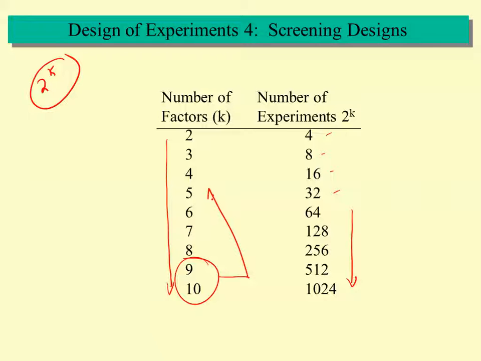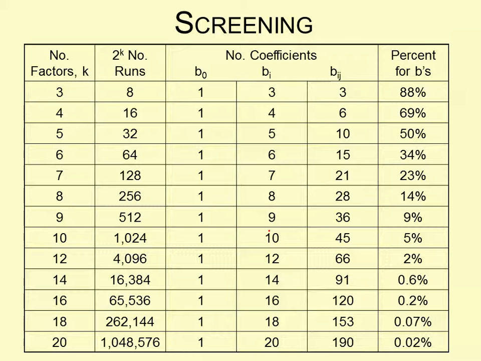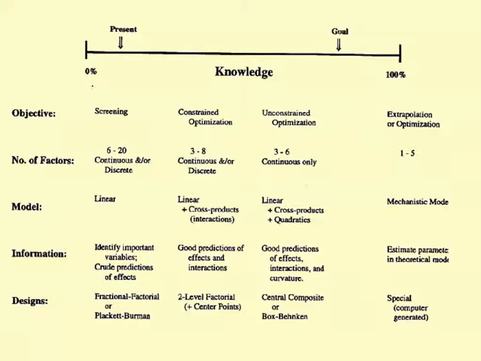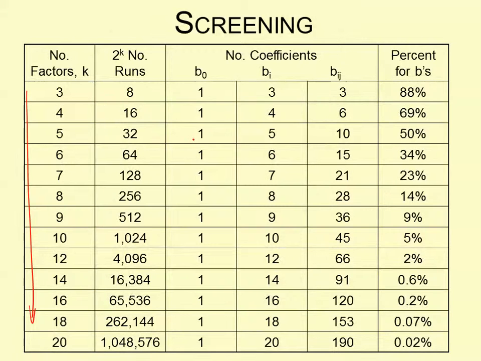This is the step before what we just learned. And our goal here is, how do we reduce the number of factors? If we think about the number of factors, same sort of column as before, and the number of runs, again, same as before.